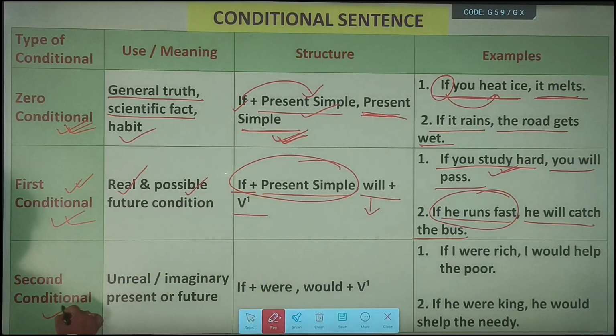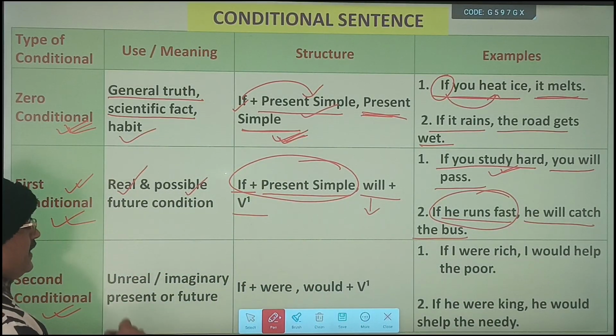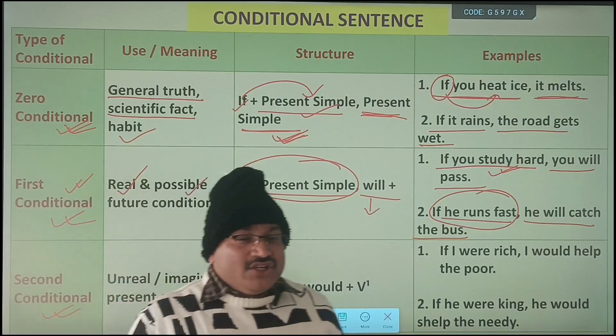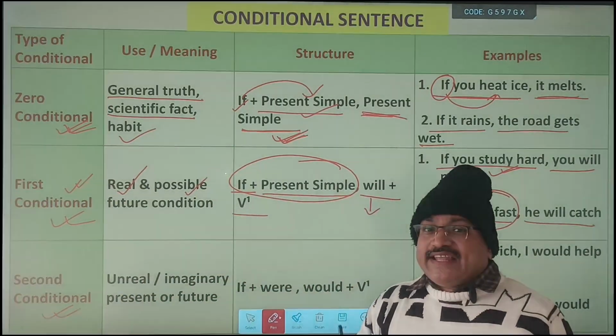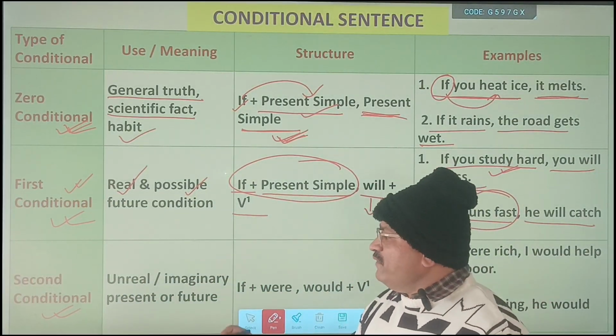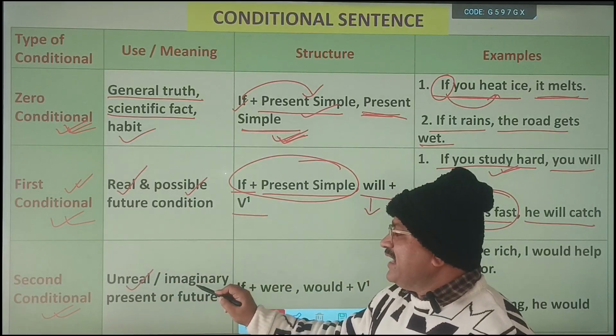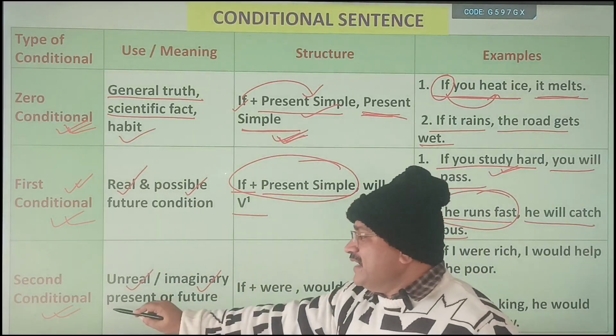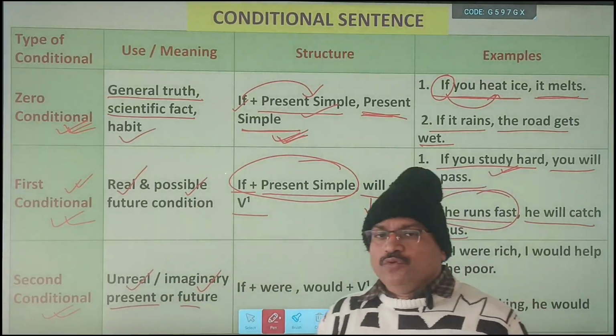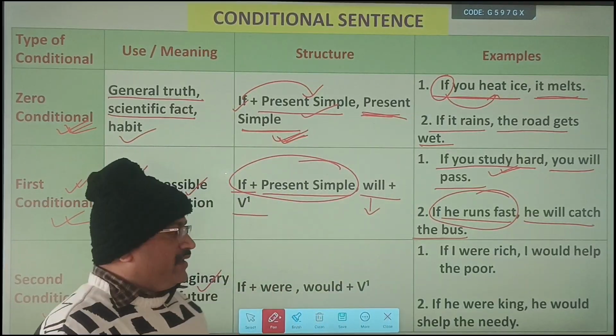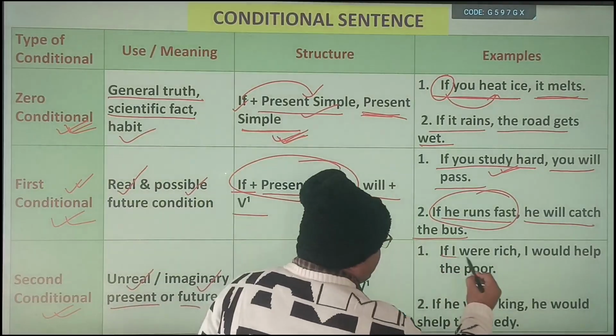Now the third one, second conditional sentence. In second conditional sentence, the sentence expresses a condition which is unreal and imaginary. That imagination may be present or future. Unreal condition like, if I were rich.